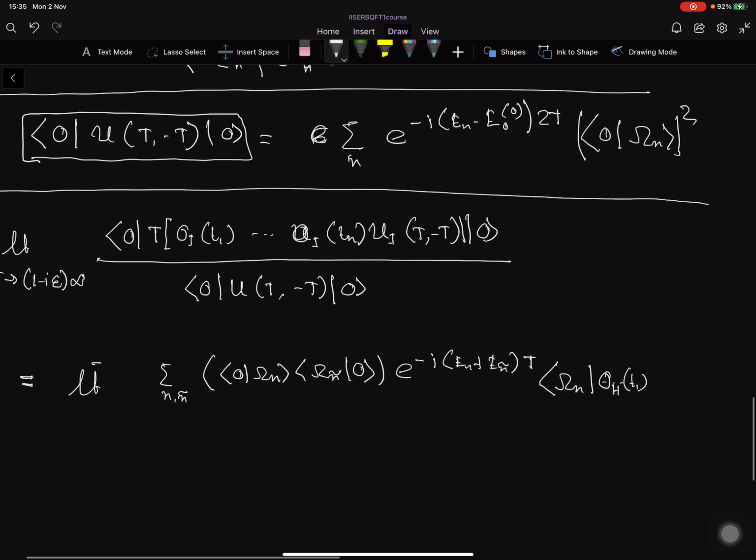I mean, this derivation is very clearly written in the notes, so you should refer there because I may miss a factor here.